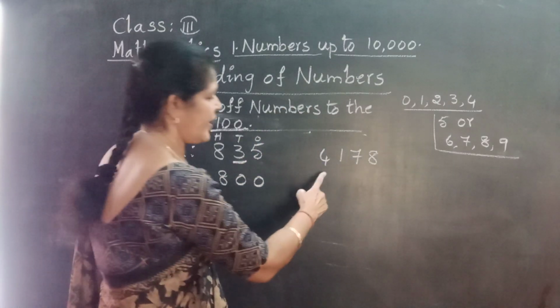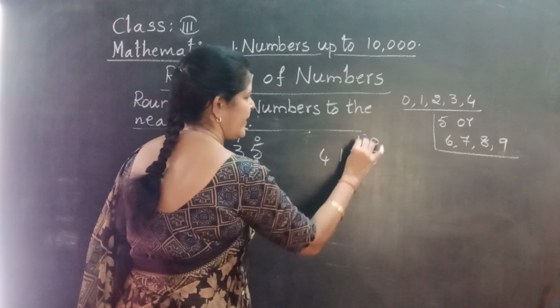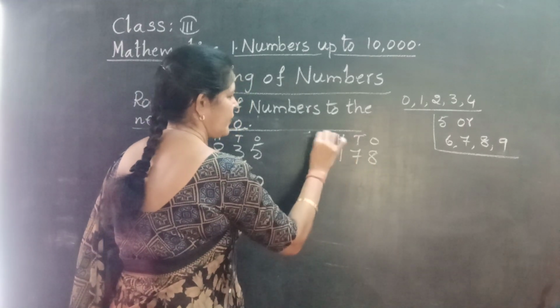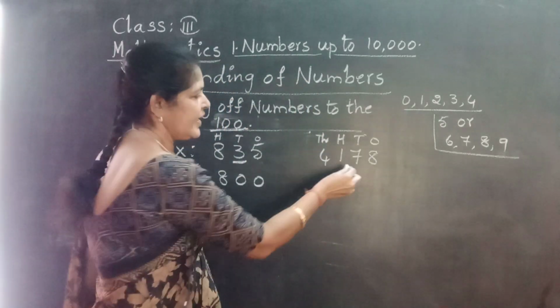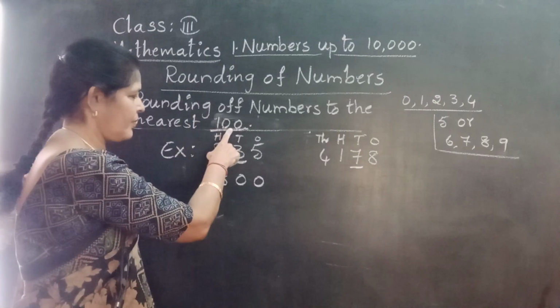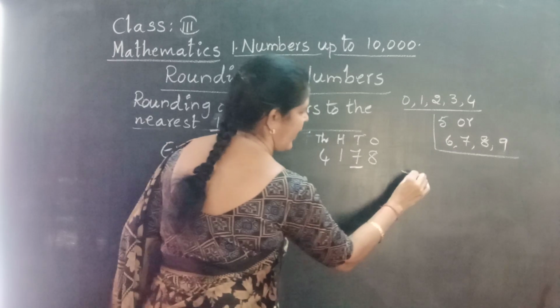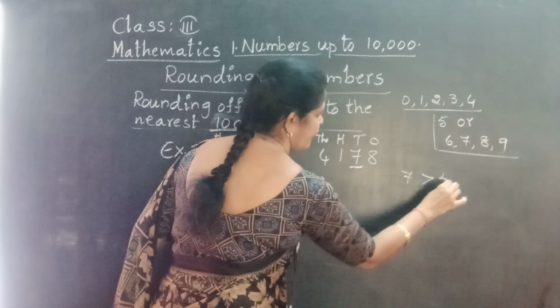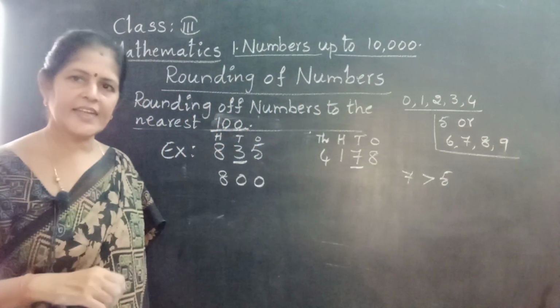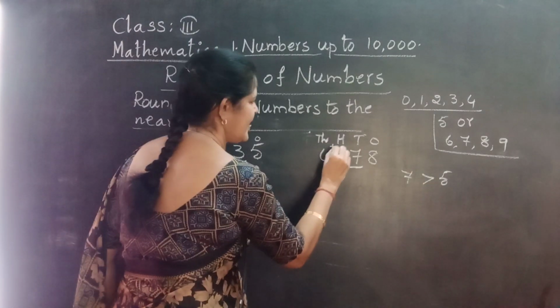Now come to this number, 4,178. Ones place, tens place, hundreds place, thousands place. Here also check the tens place number. Nearest to 100, check the tens place. What is in the tens place? 7. 7 is greater than 5. Then add 1 to the hundreds place number.